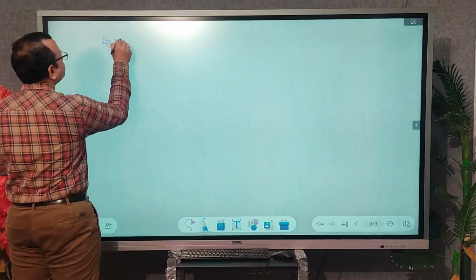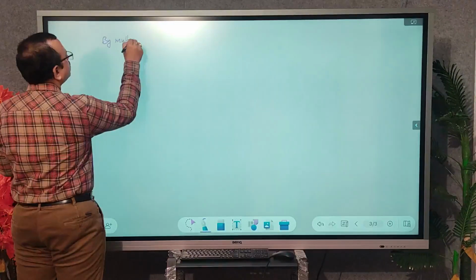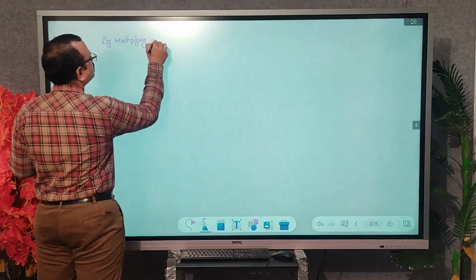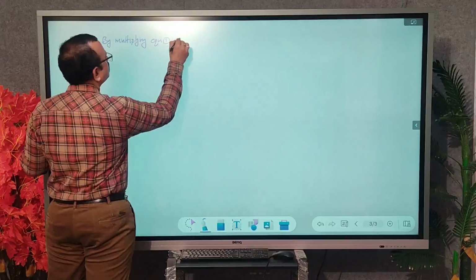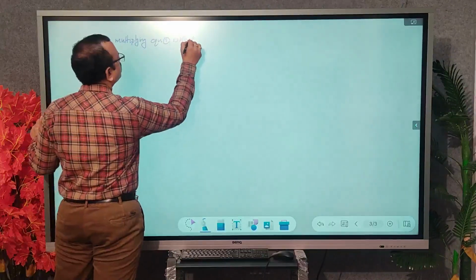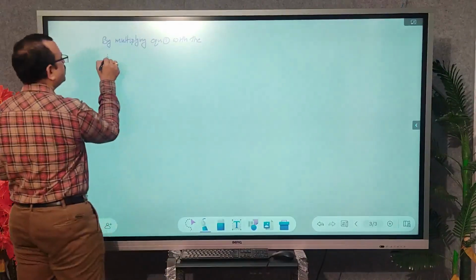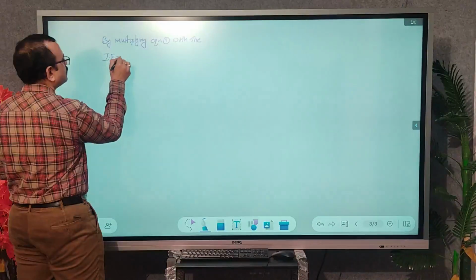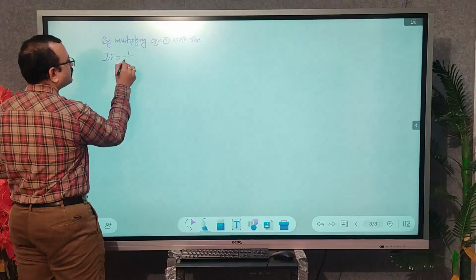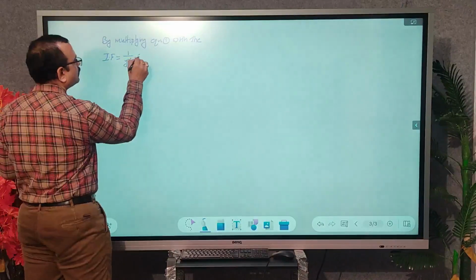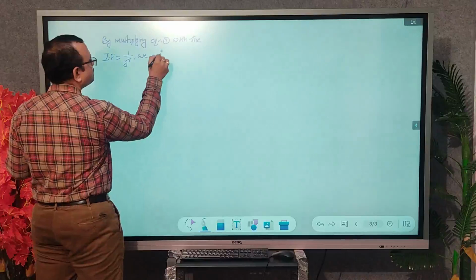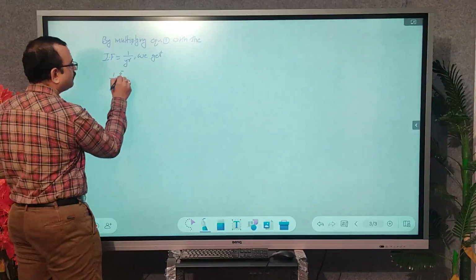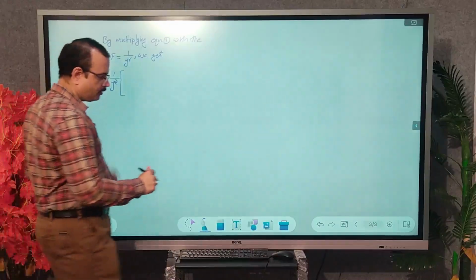By multiplying equation 1 with the integrating factor 1/y², we get 1/y² into, so I would like to write the given DE first of all.